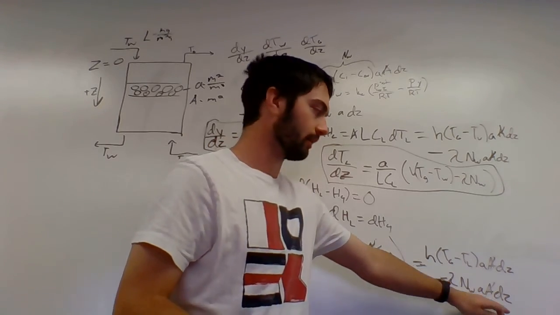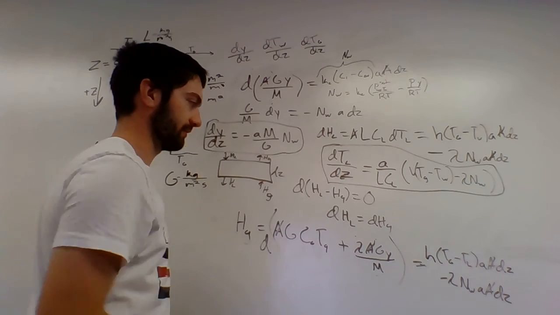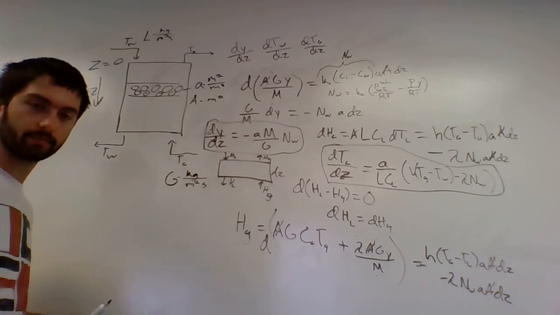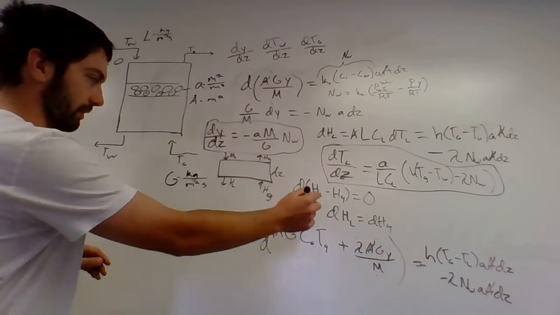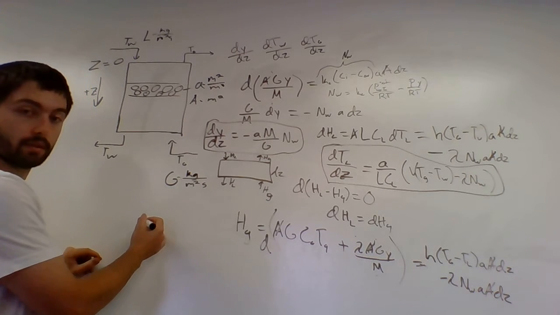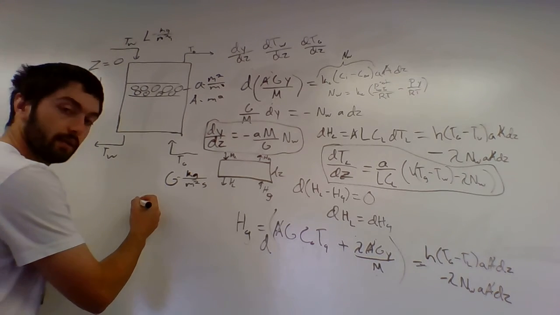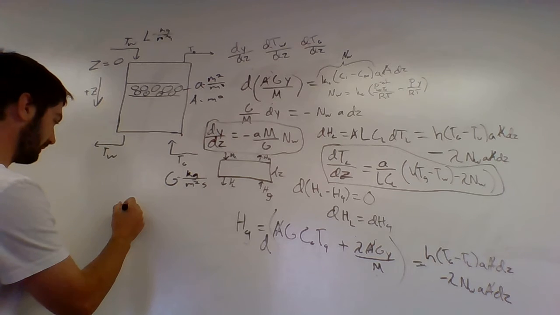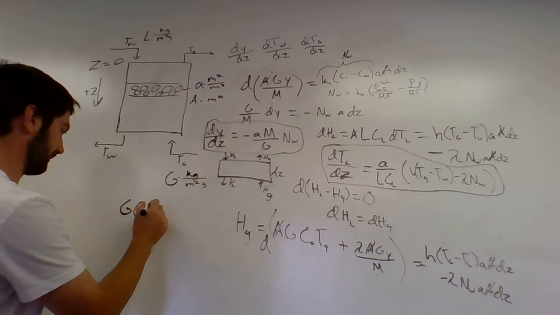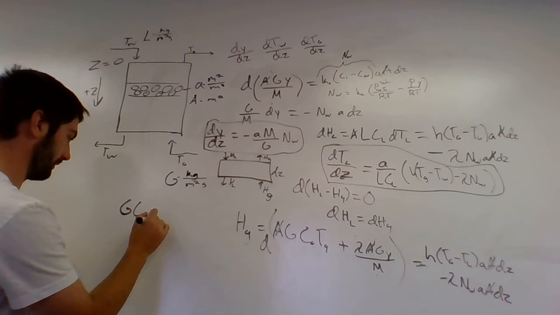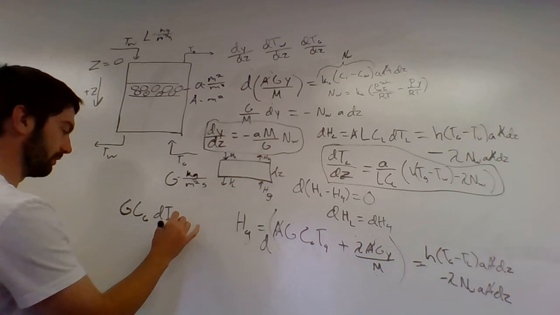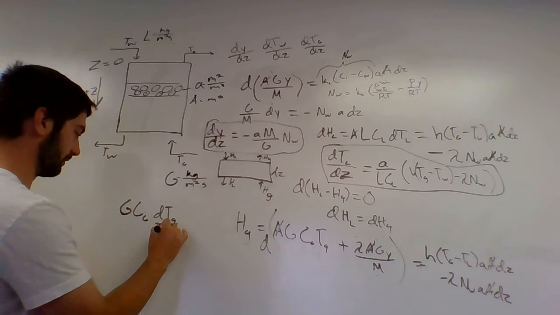So when we divide the change in position over to this left side, we're going to bring the dz onto this left side. So we're left with the gas flow rate times the specific heat of gas. And then we have the things that are not constant, dz.